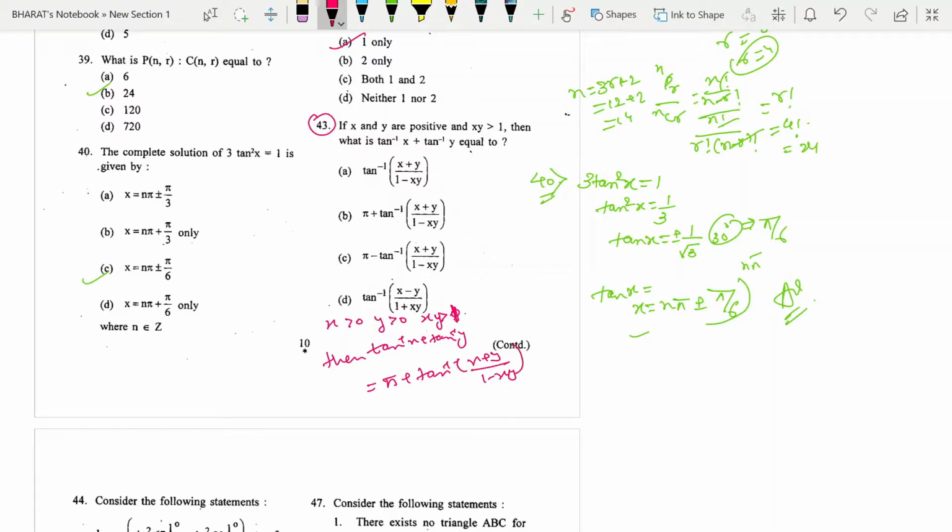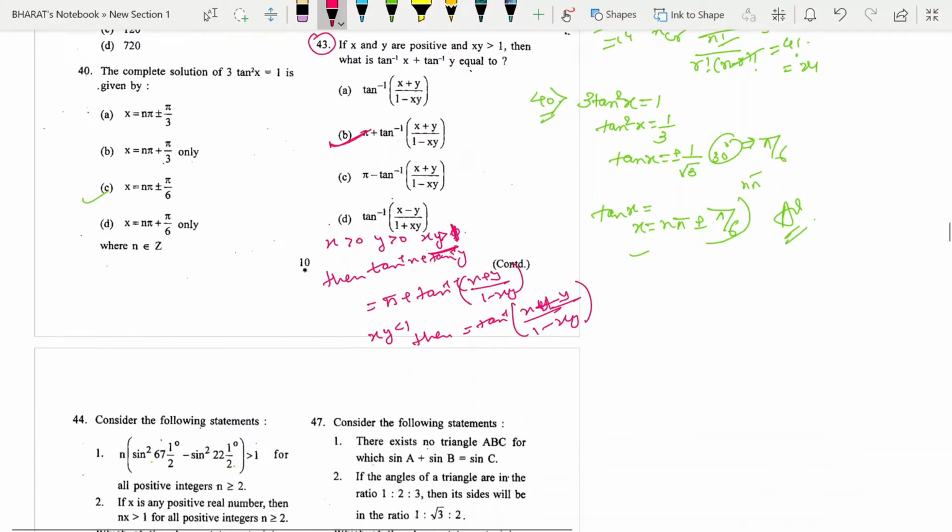This is the formula if the product is greater than 1, and if xy is less than 1, then this becomes tan inverse of (x plus y) upon (1 minus xy) only. So here our answer is B only.